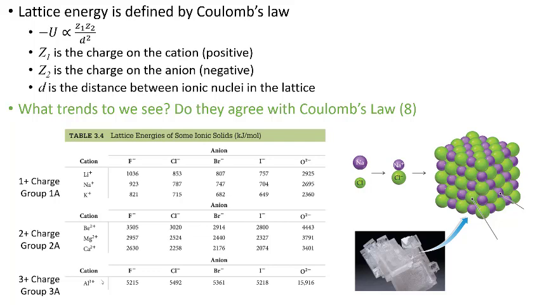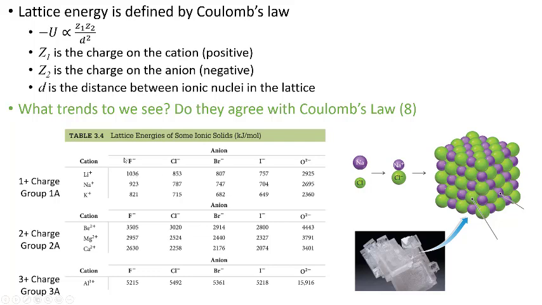Okay, so some of the trends that you can observe here: first we're going to be looking at the Z terms, and then we'll look at the D terms second. So first Z. What happens when we increase the overall charge of either the cation or the anion? If we look at the formation of an ionic compound, a crystal lattice with lithium, when we're dealing with singly charged anions, we have values around 750 to 1,000.